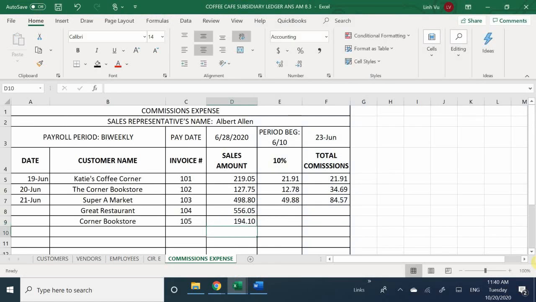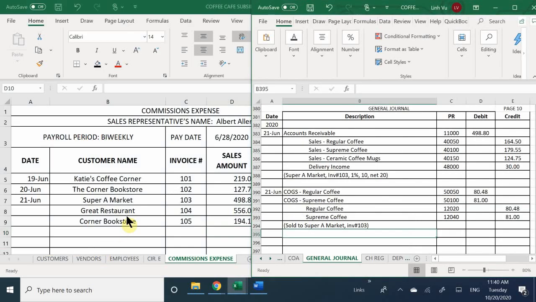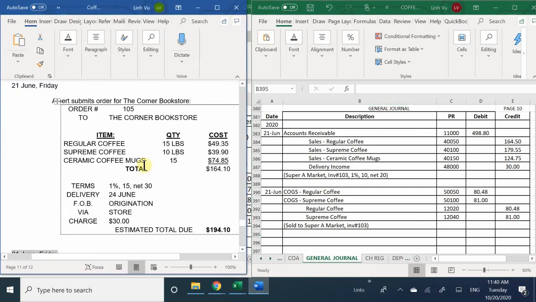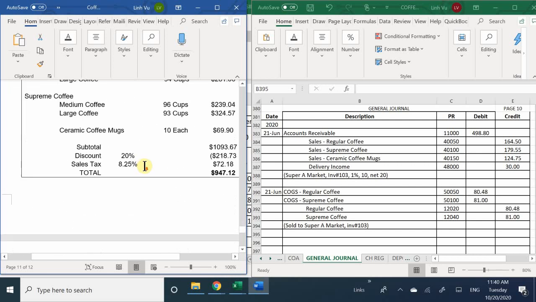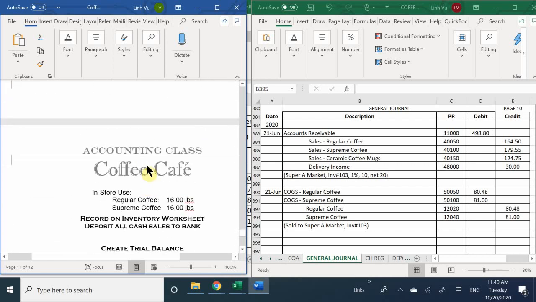All right. And that is it for today. Okay. So again, tomorrow we're going to come back. We're going to finish our grand opening sales. Once we've done that, then we're going to complete our trial balance. And I'm going to post the answers tomorrow. So don't worry about that because we need to enter this last piece of information in.